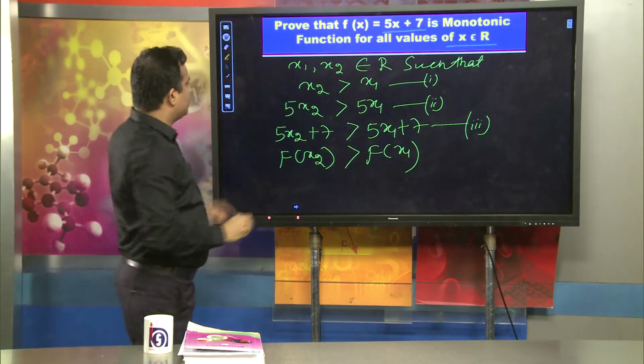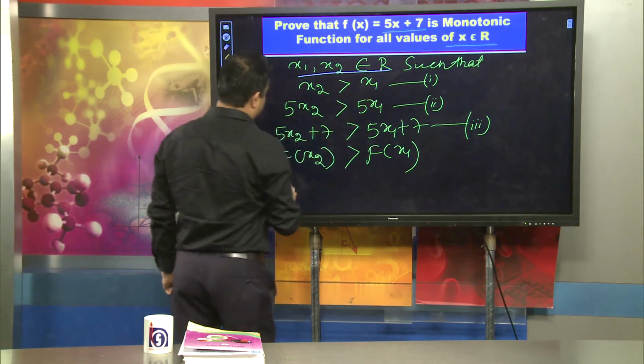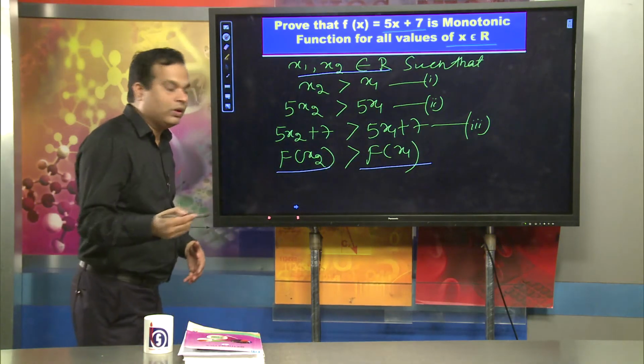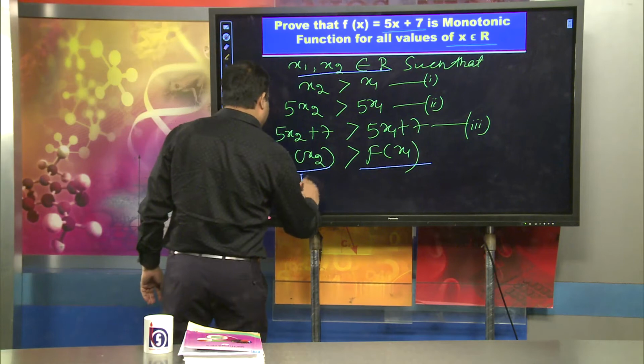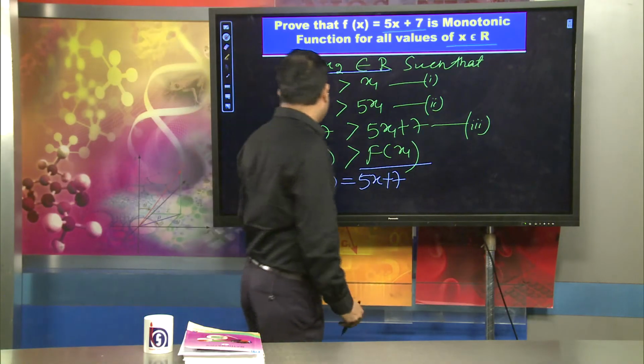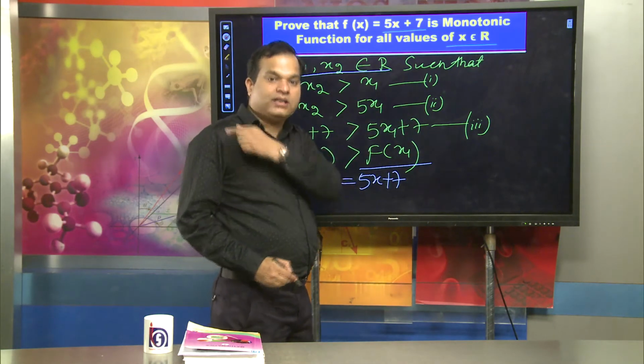If x1, x2 are elements of R and x2 is greater than x1, then we found that f of x2 is greater than f of x1. So we conclude that the function f of x equal to 5x plus 7 is monotonically increasing, because it is greater than, or we can say it is a strictly increasing function.